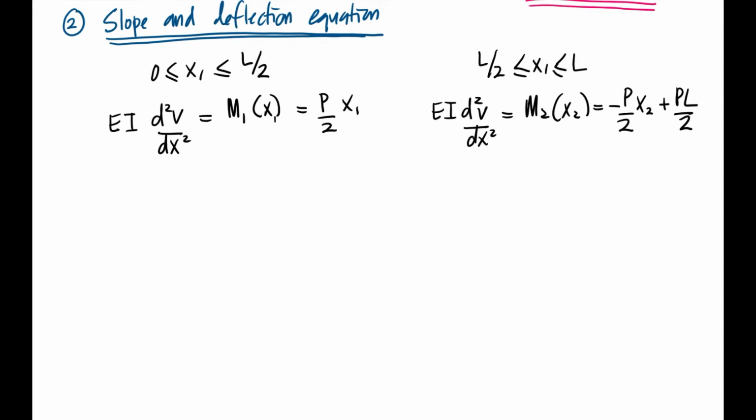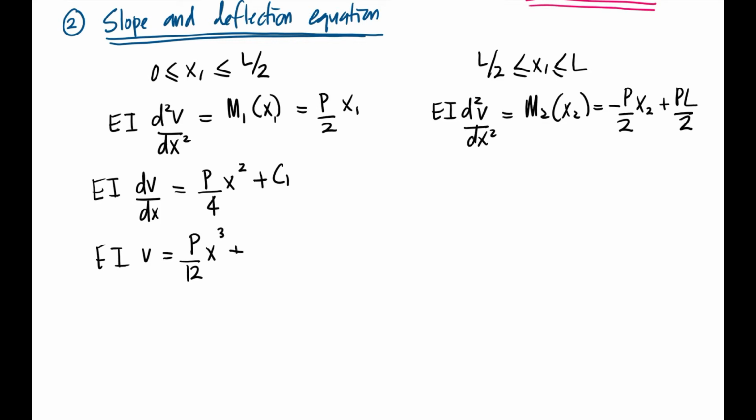Right, so you need to integrate once. Integrate once for moment 1, and we will get P over 4 x1 to the power of 2 plus C1. Then you integrate again: EIv equals P over 12 x1 to the power of 3 plus C1 x1 plus C2.